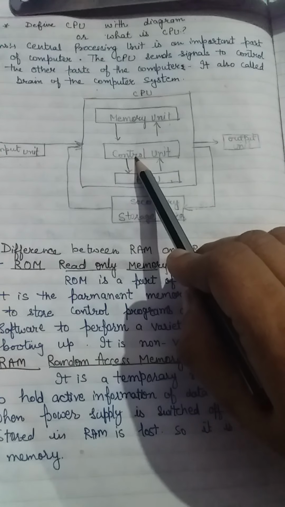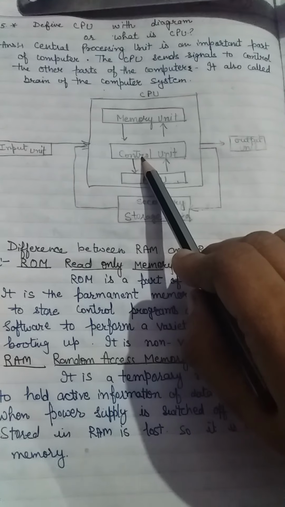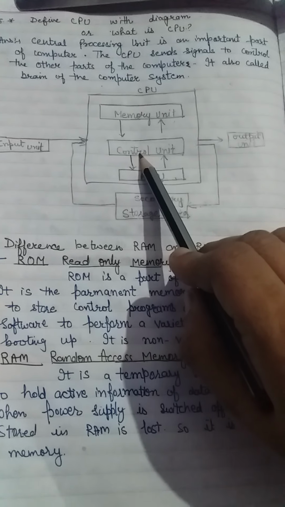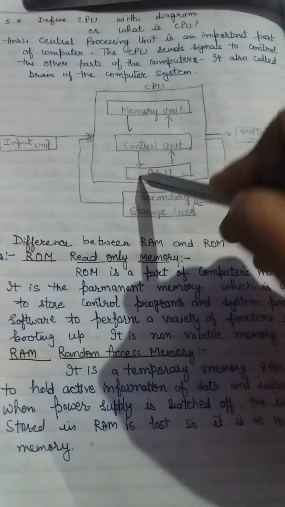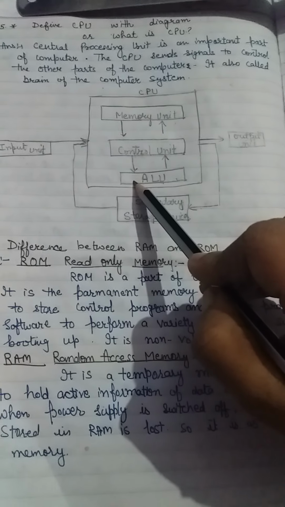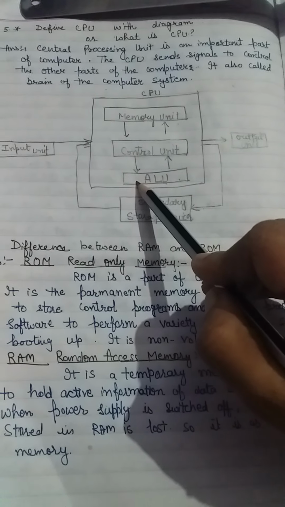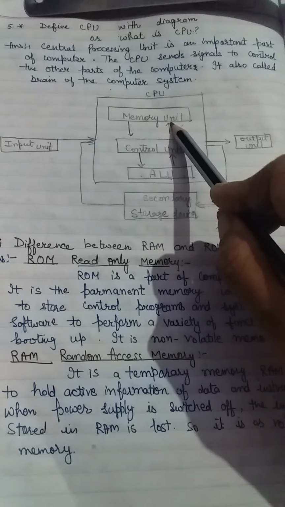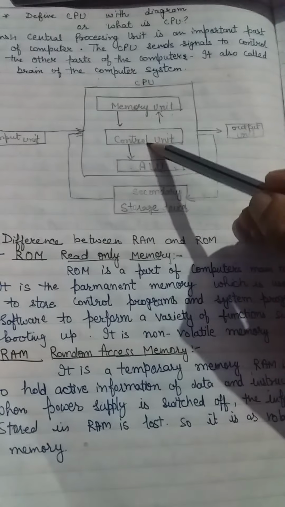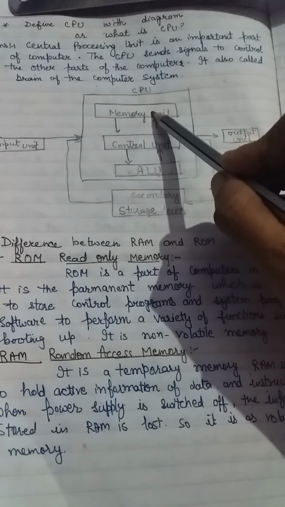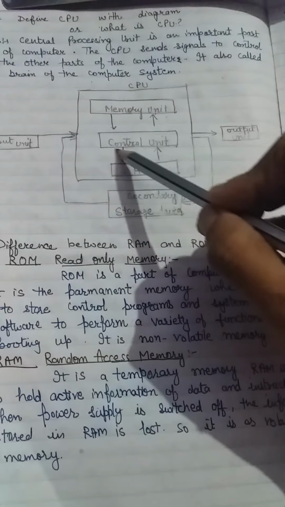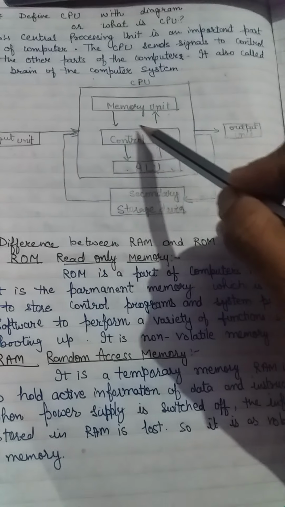The control unit controls the flow of data from the input device. Sometimes if it is a calculation, it gives it to the ALU. If it's not a calculation, the data is directly passed to the control unit. The control unit has to control the flow of data.